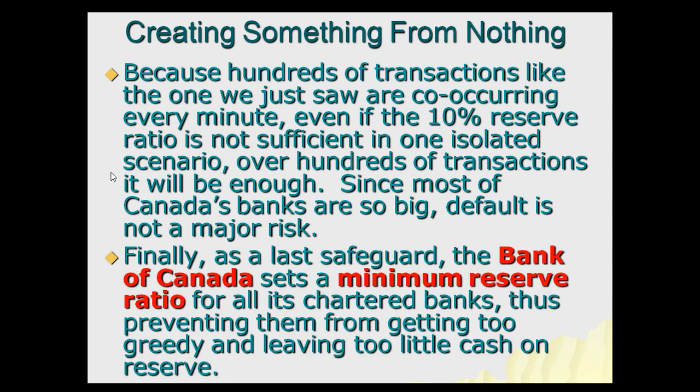As one last final safeguard, the Bank of Canada also does at least set rules, and they do tell the chartered banks, who probably wouldn't be too risky in terms of what cash they held on reserve anyways, what they call a minimum reserve ratio. So if the banks were trying to hold on to just too little money and they felt like there was a risk, there actually is a limit that the Bank of Canada imposes. And that's a regulation to make sure that there is some security that's there.